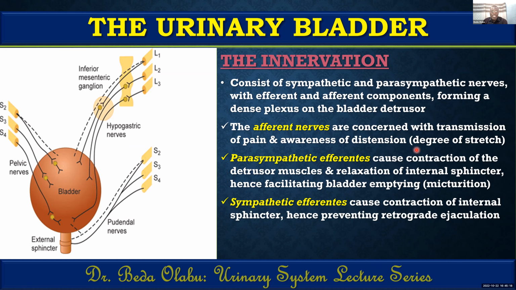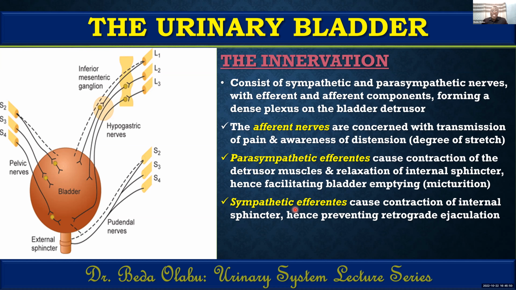The second nerve pattern is the sympathetic efferents, which also terminate on the urinary bladder. Sympathetic nerves to the urinary bladder cause the internal urethral sphincter to contract, and so that prevents voiding, although that may not be the primary role. The primary role of this is to prevent retrograde ejaculation, especially in males.